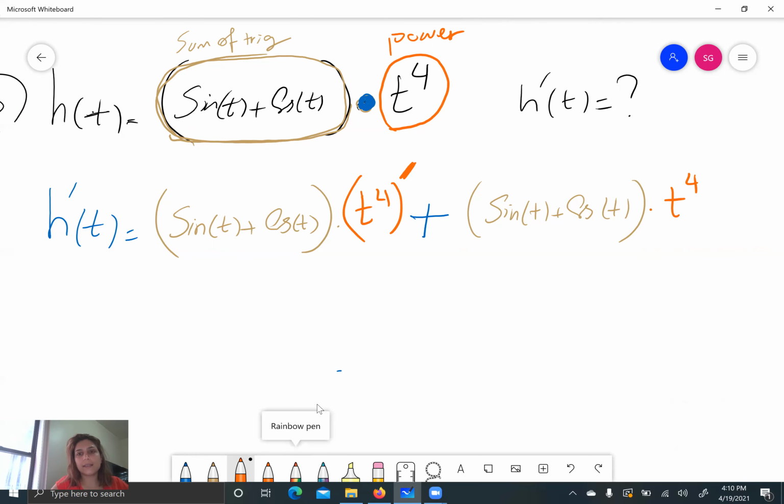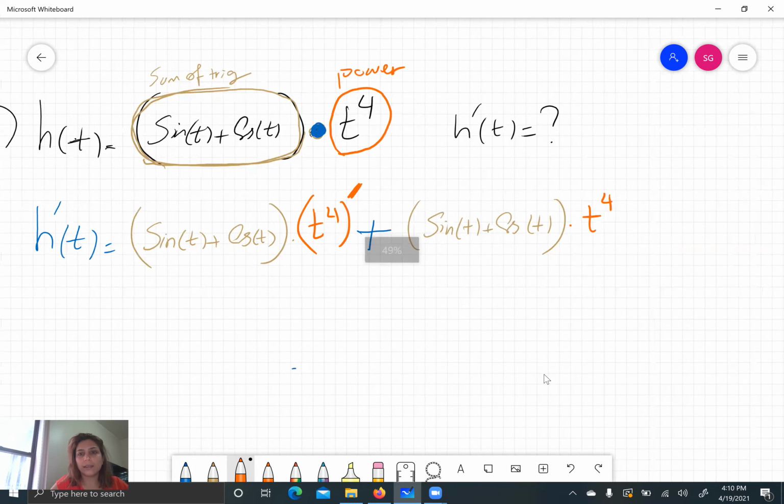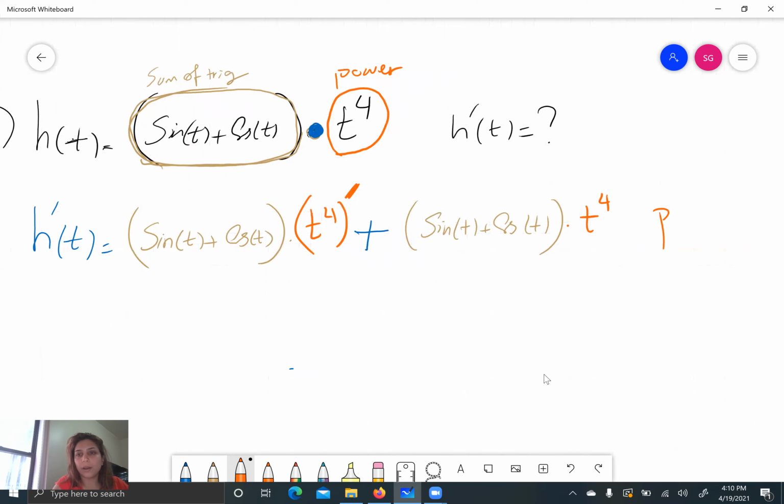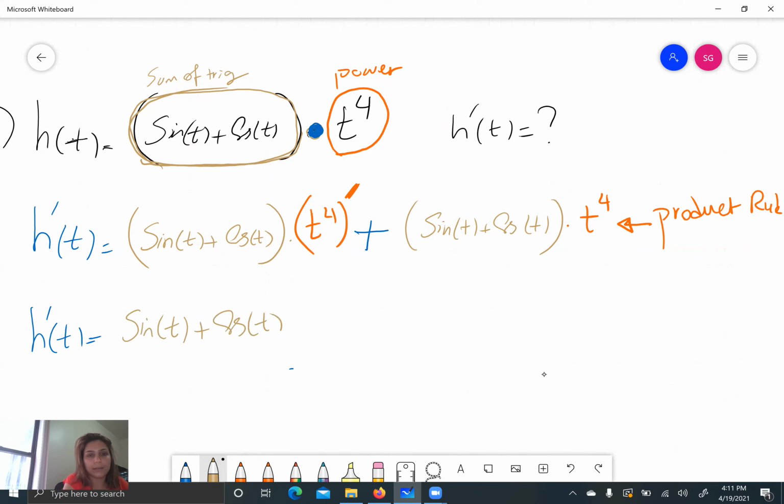So here in this step, I just applied the product rule. Nothing else, just product rule. So we need to copy this, sine of t plus cosine of t.